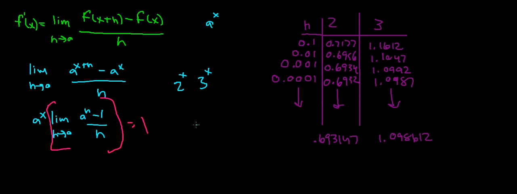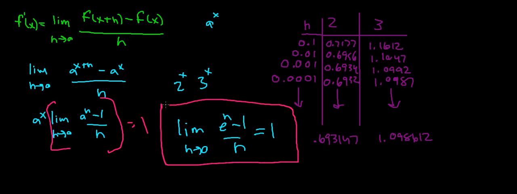But e is the base of the exponential function for which the limit as h approaches 0 is equal to 1. So this is the definition of the number e. The limit as h goes to 0, the number raised to the power h minus 1 over h, is equal to 1.